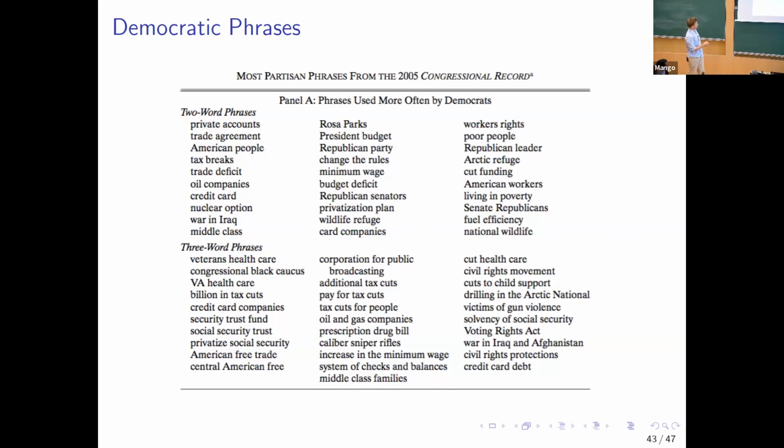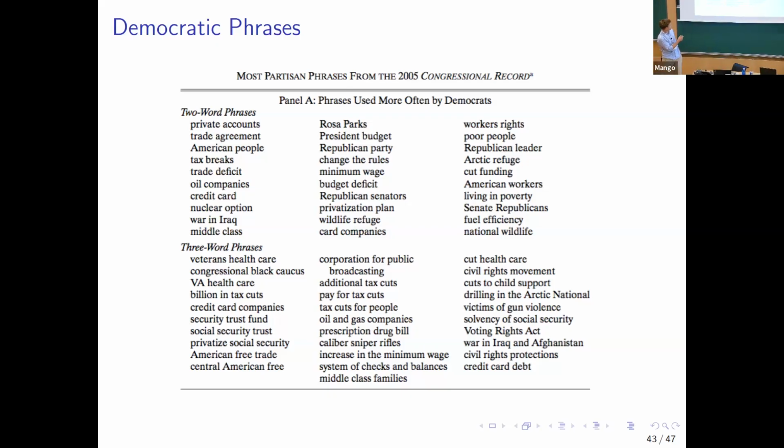So this was during the US invasion of Iraq, and apparently Republicans' political consultants told them, whenever you speak, use the phrase war on terror. And Democrats' political consultants told them to call it the war in Iraq. All right, so there's some validity of these phrases just from looking at the political context of the time.